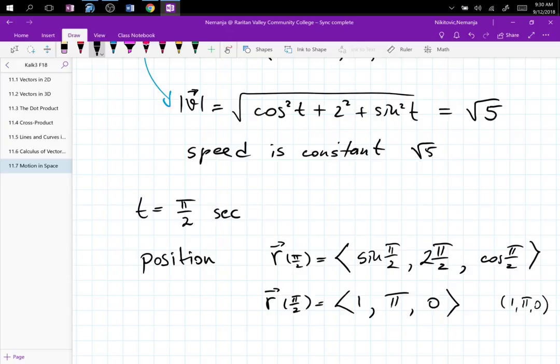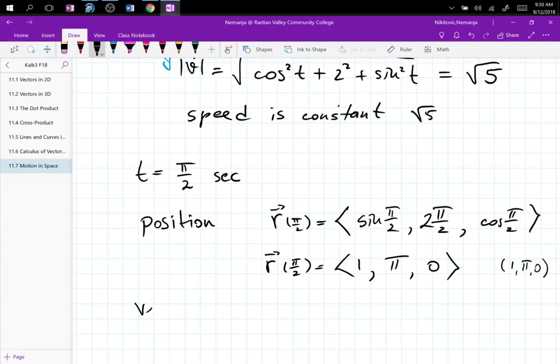You will go to 1, pi, 0, and that's where you're going to find your fly. So r points to the position in space. The terminal point of that vector, which stretches from 0, 0, to the terminal point, is the position, the location where the bug is.